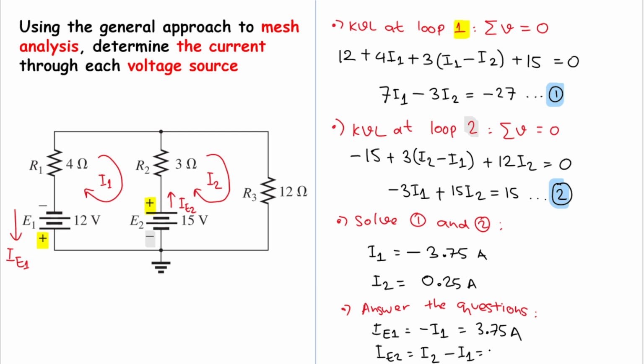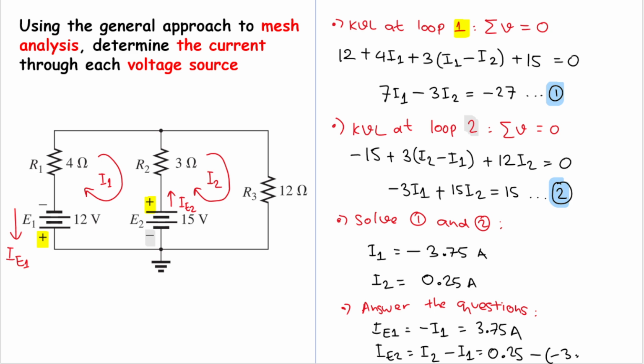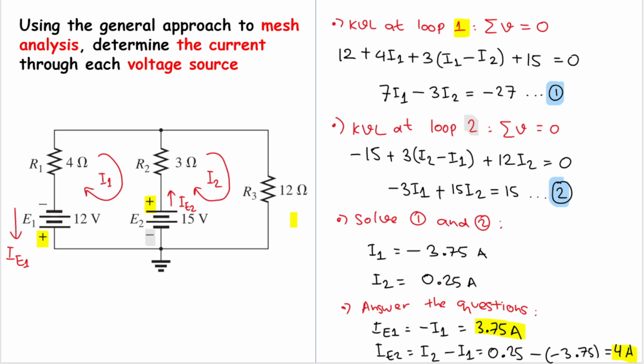What is I2? 0.25, and then minus I1, so I will have minus minus 3.75. 0.25 plus 3.75 is 4 ampere. And that is the answer for this question. The current that passes through E1 is 3.75, and the current that passes through E2 is 4 ampere.